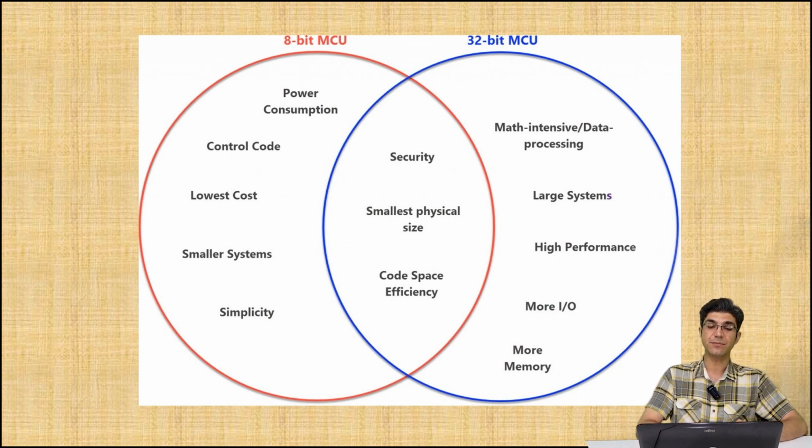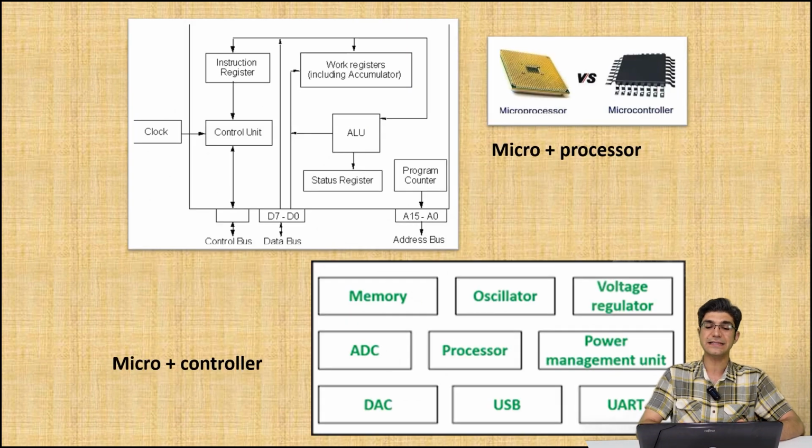Actually, as you can see, the microcontrollers have everything inside them, as I told you: different parts and different blocks like the ADC, DAC, USB, UART and power management, and of course there is a processor as well.